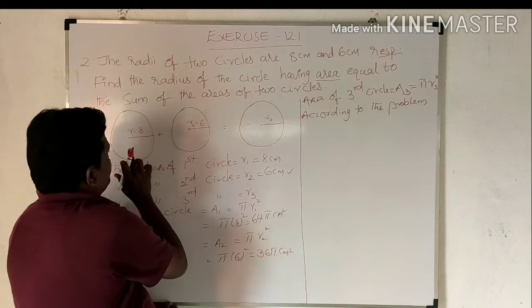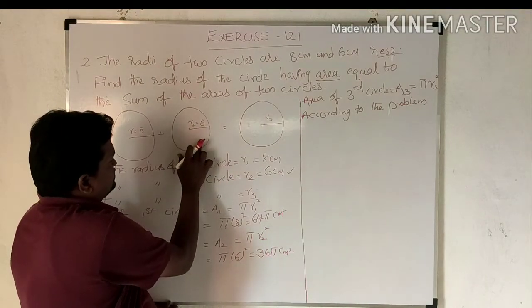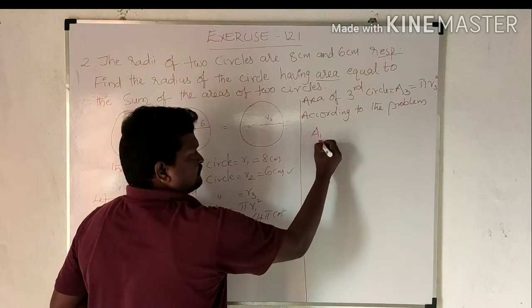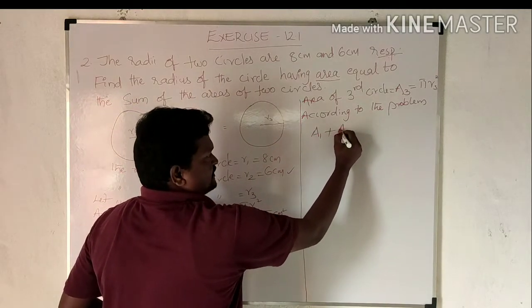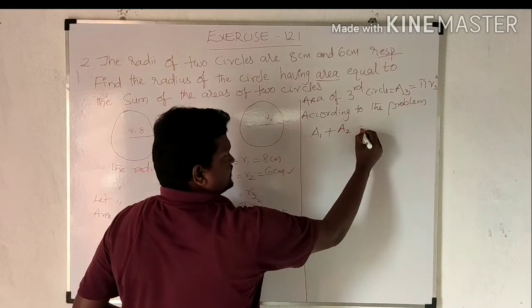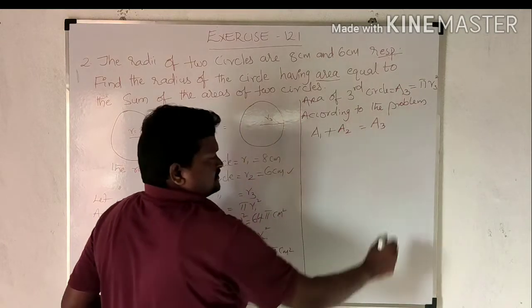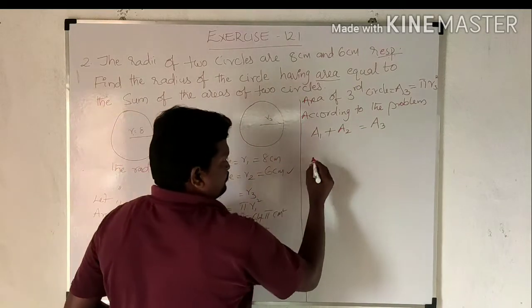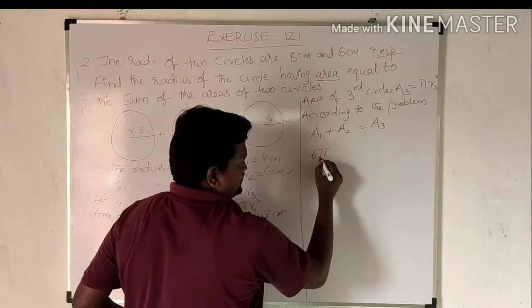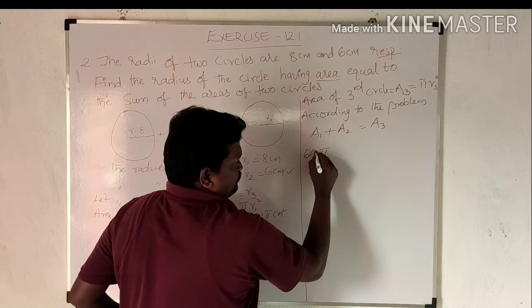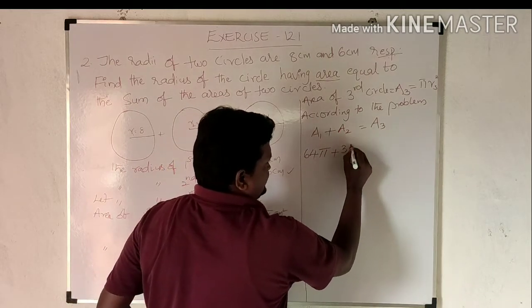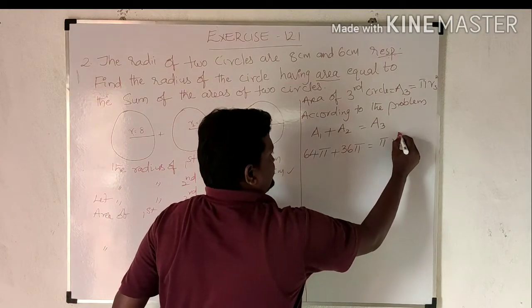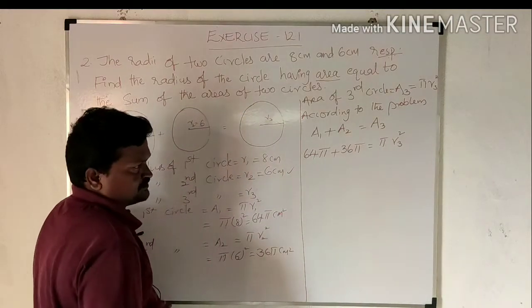Okay. So now according to the problem, the sum of areas of two circles means the area of the first circle A1, plus the area of the second circle A2, equals the area of the third circle A3. A1 is 64 pi, A2 is 36 pi, A3 is pi R3 square.